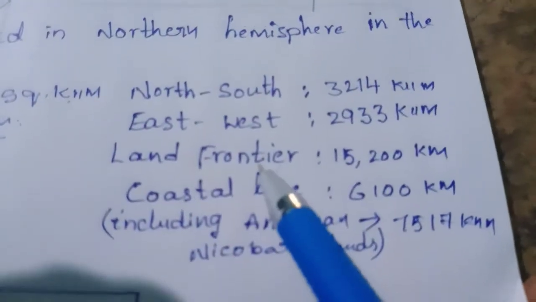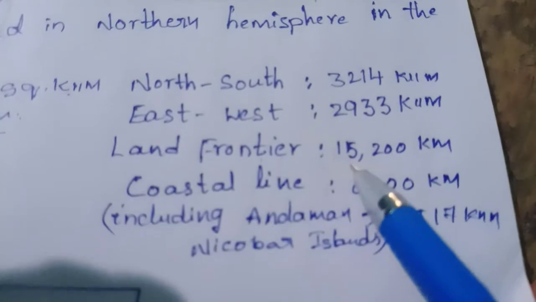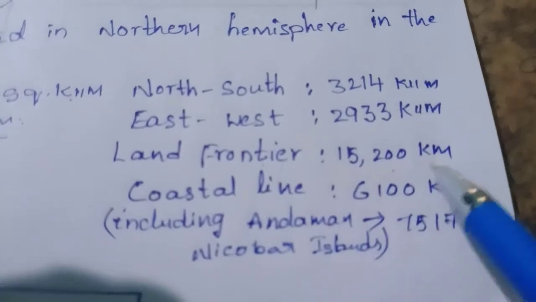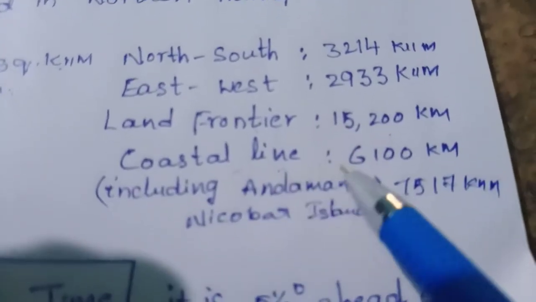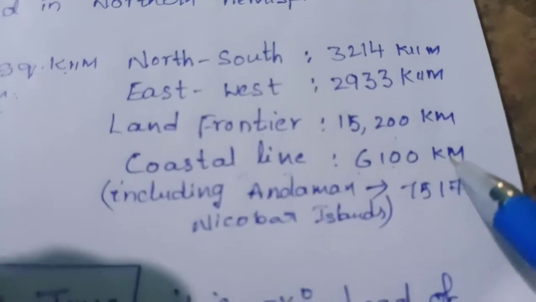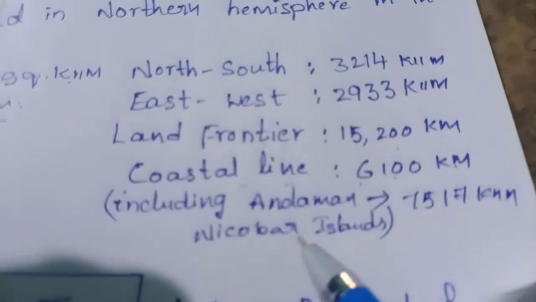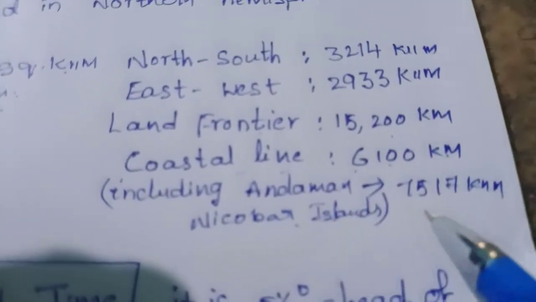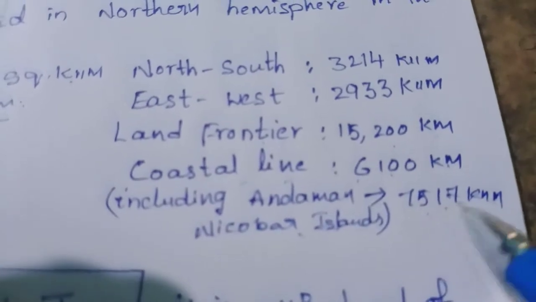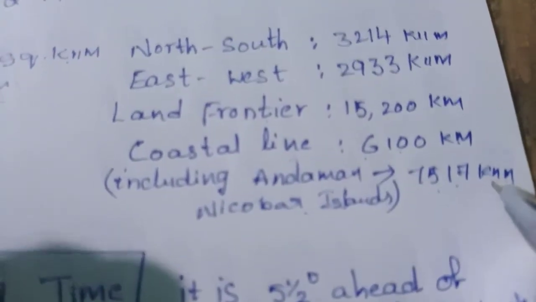Land frontier with other countries 15,200 kilometers. Coastal line 6,100 kilometers, including Andaman Nicobar Islands and Lakshadweep Islands, 7,517 kilometers.